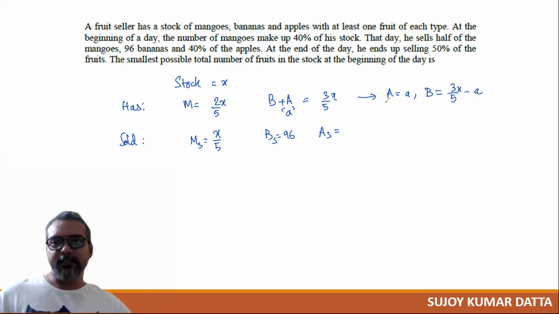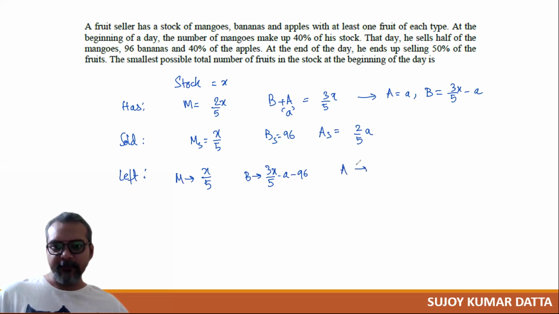Now apples sold is 40%, so that means 2/5 of A. Mangoes left with him: 2x over 5 minus x over 5. Bananas left with him: 3x over 5 minus A minus 96.